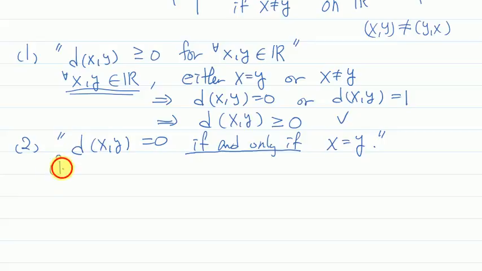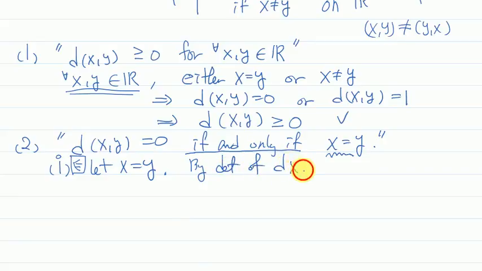First, let x equal y. We want to prove that direction, starting from the right-hand side and going to the left-hand side. So let x equal y. Then by the definition of d(x,y) in this question, we can claim that d(x,y) must equal 0. Okay, we got the result.